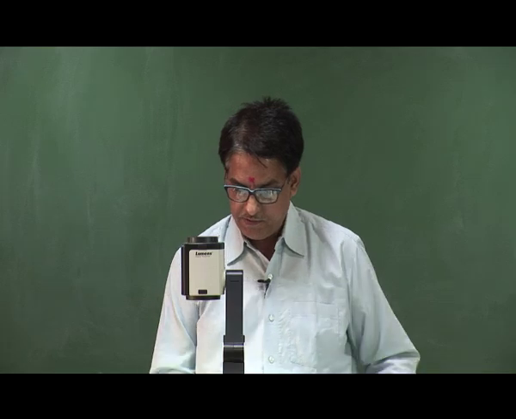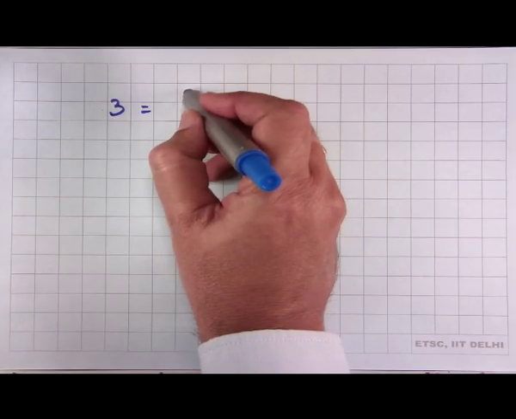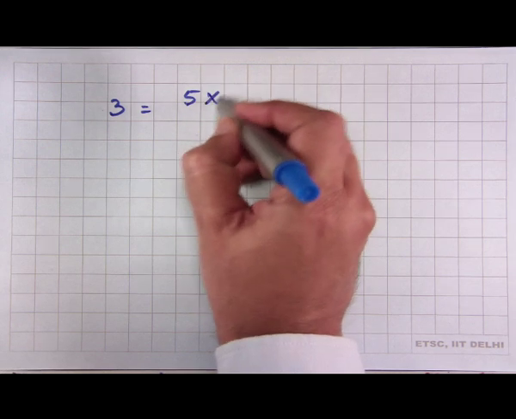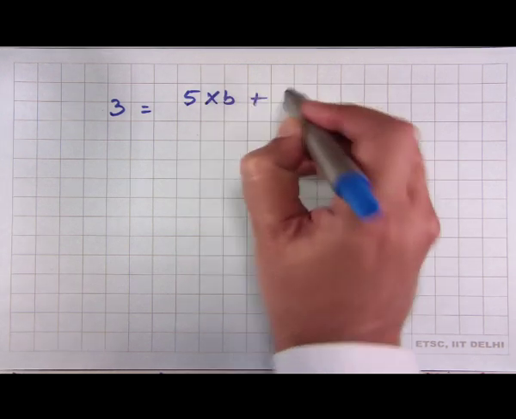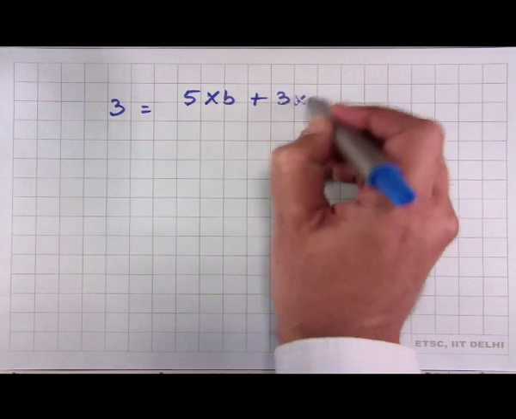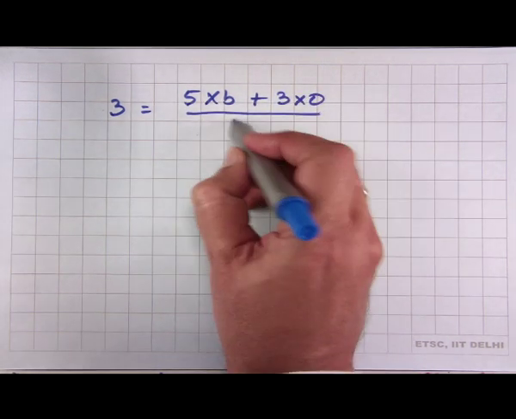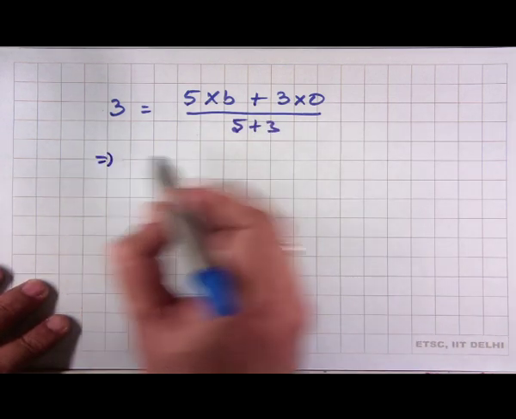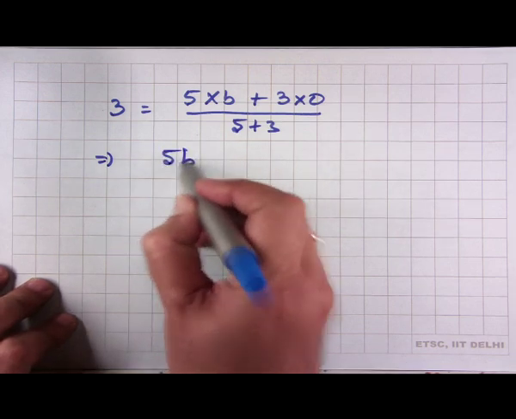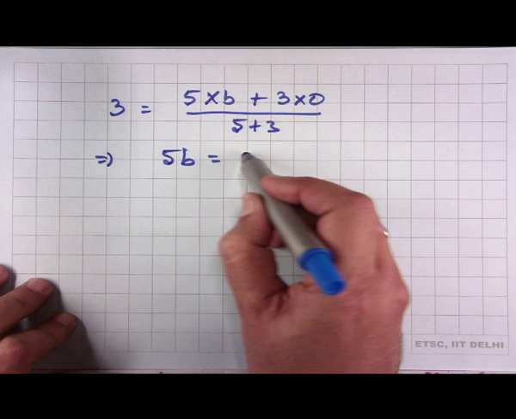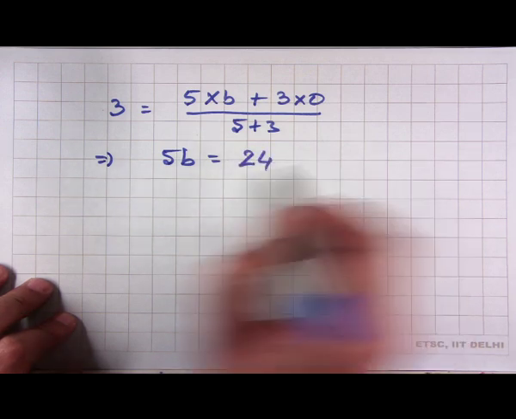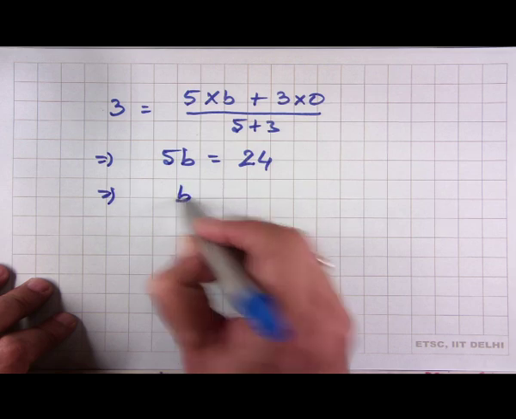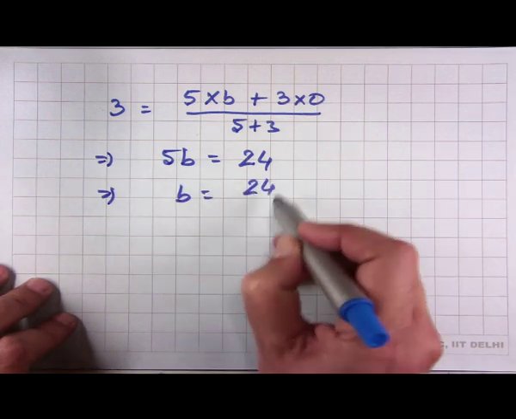Then 3 is equal to (5 into B plus 3 into 0) by (5 plus 3). So this implies 5B equals 24. This implies B is equal to 24 by 5.